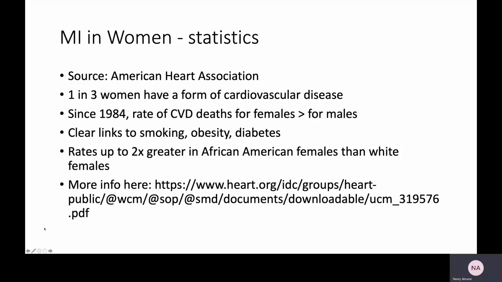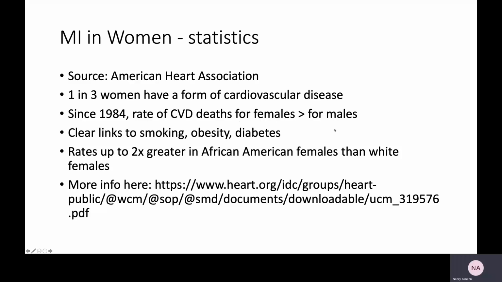Again, you need to watch this, because anything on this PDF is fair game for an assessment, because how men and women present when they're having an MI is different. One in 3 women have some form of cardiovascular disease.